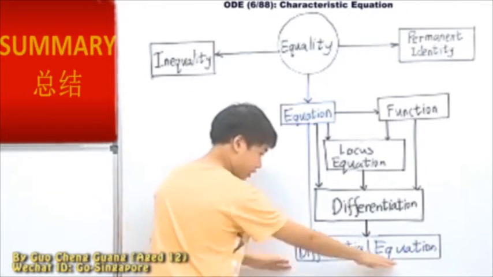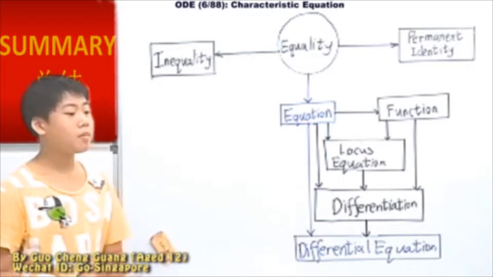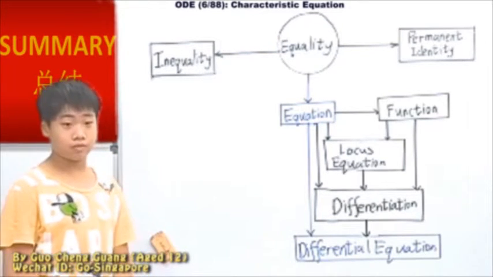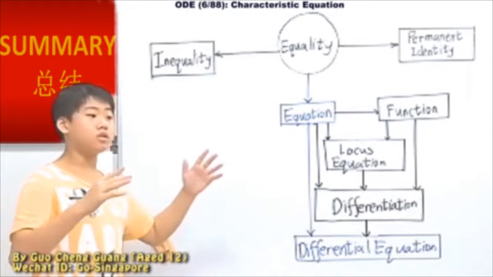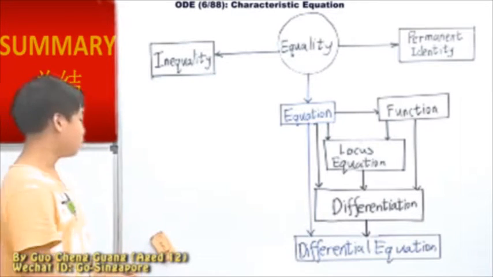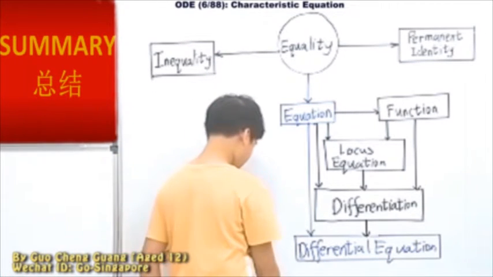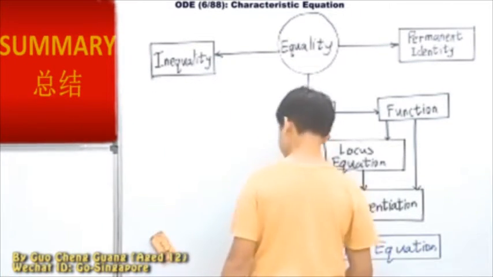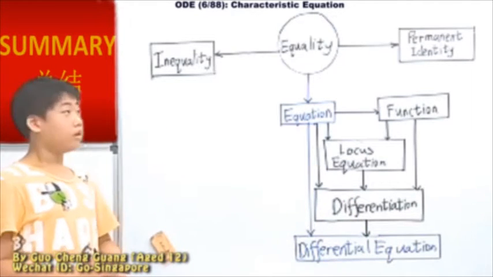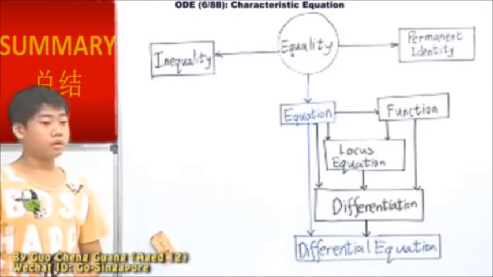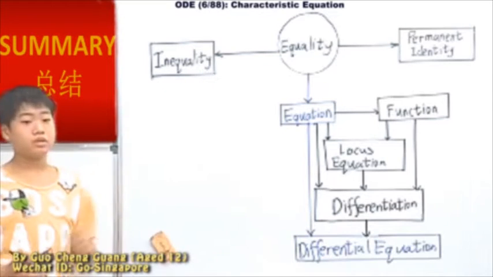But in differential equations, how about those methods that we have learned before? Where did they all start from? Okay, so from this part, take another quick look at this as I'm going to use this space.